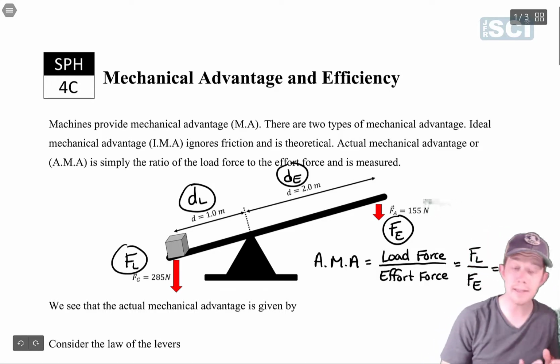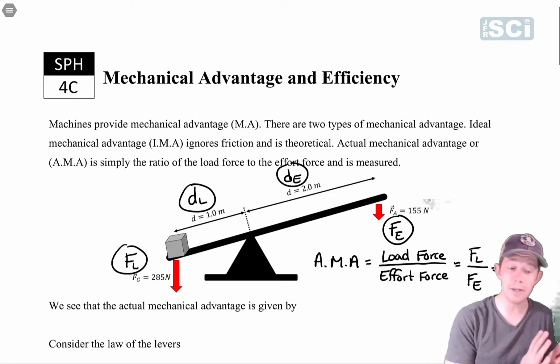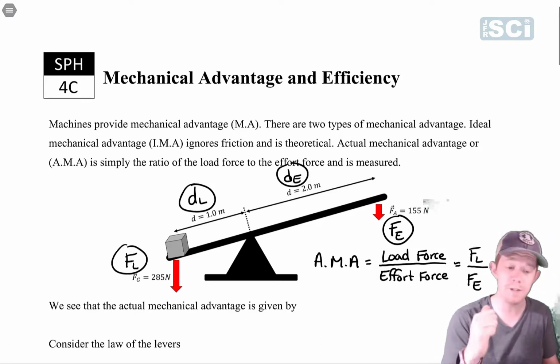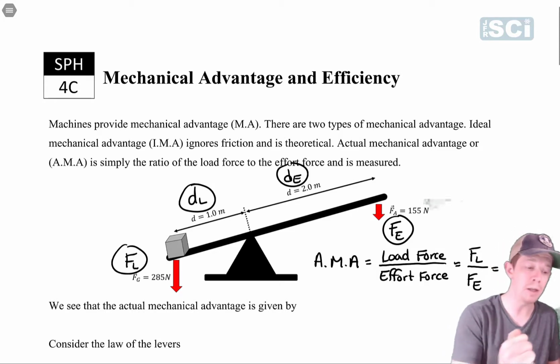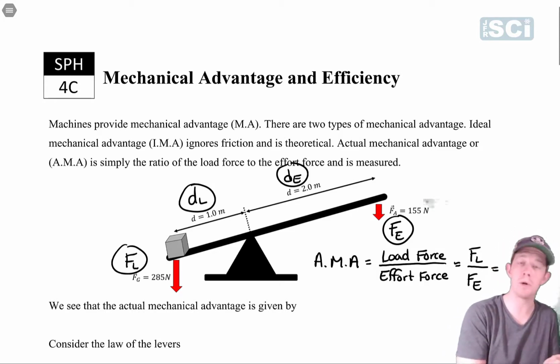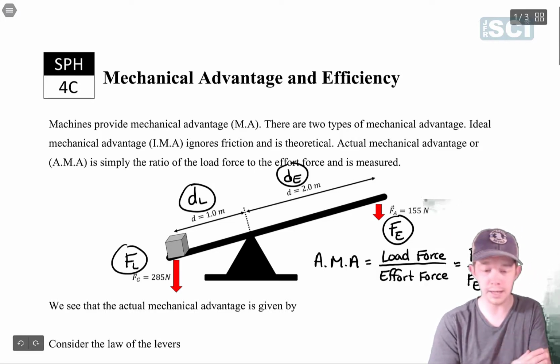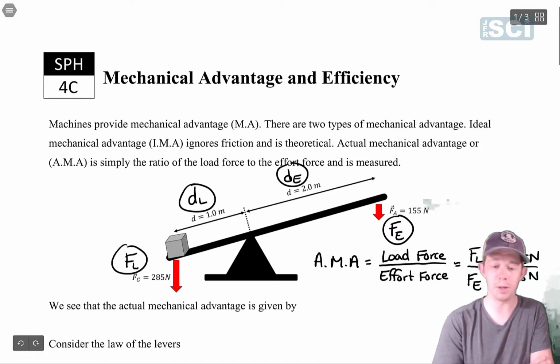Now, with this system, if it's exactly how it is right now, it's telling me that I put in 155 newtons to lift something that was 285 newtons. So my load force is 285 newtons, and my effort force was 155 newtons. If we divide that, I get 1.8.